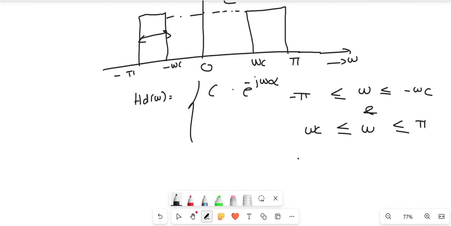Then 0 otherwise, that is, 0 for omega between minus omega c and plus omega c. This is the frequency response of the high pass filter.